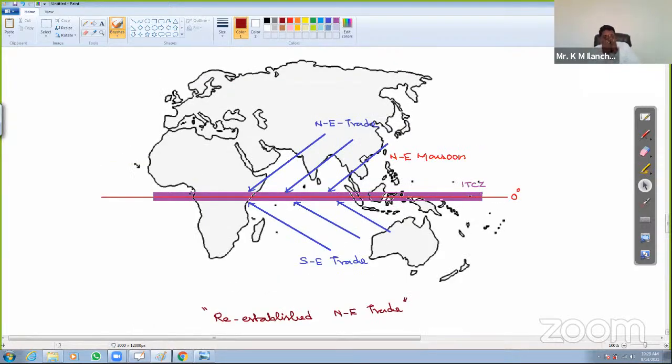Somewhere you can write: by the month of September, with the apparent movement of the sun's vertical rays towards the equator, the ITCZ shifts south of India.